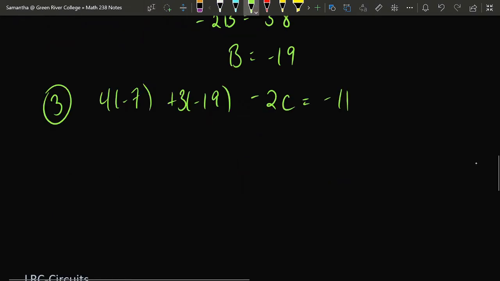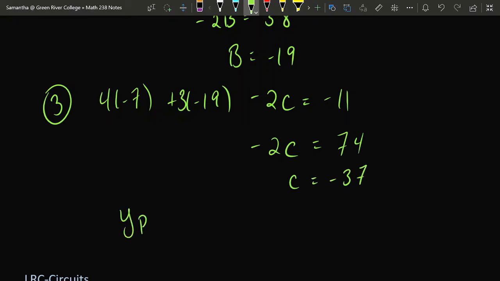According to some calculator work that I've done on the side, this implies that negative 2c would be 74, and therefore c itself would be negative 37. So assembling those values, our particular solution would be negative 7x squared, negative 19x, and negative 37.